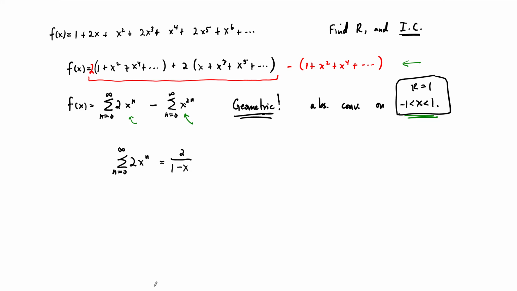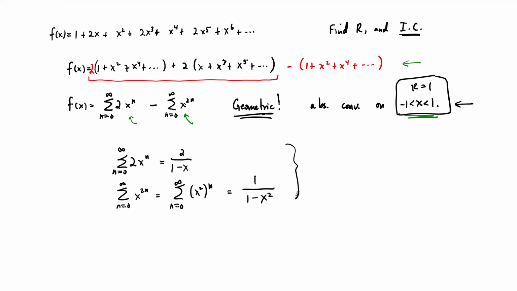So that's 2 over 1 minus x. And again, it's only defined on the same interval, right? On the other hand, this sum, n goes from 0 to infinity of x to the 2n, can be thought of as the geometric series x squared to the power n. And so this one has a radius of 1. The geometric series is then 1 over 1 minus x squared.